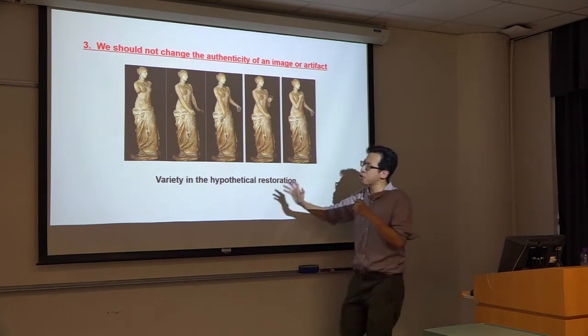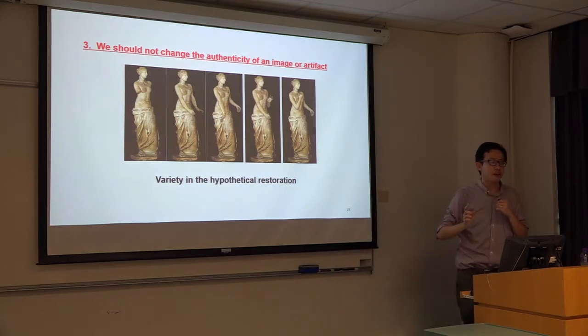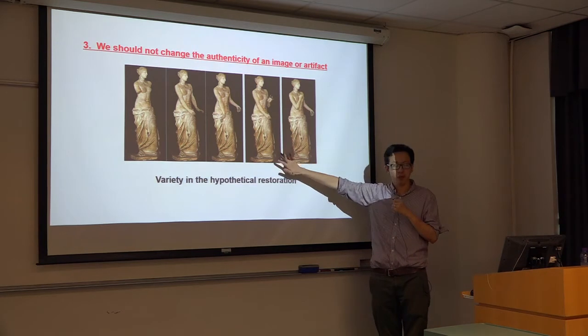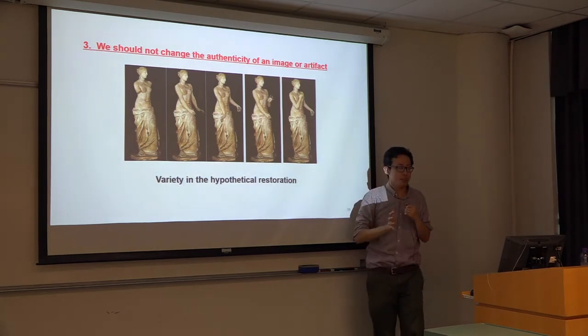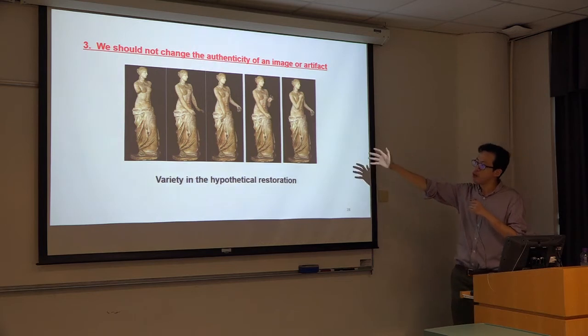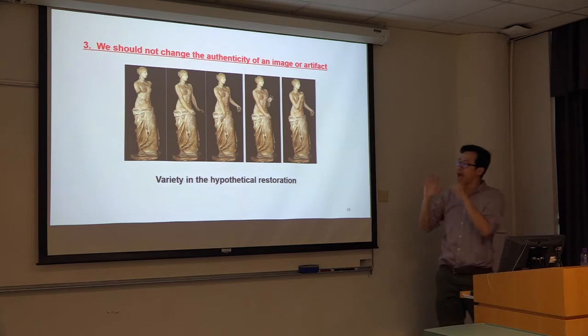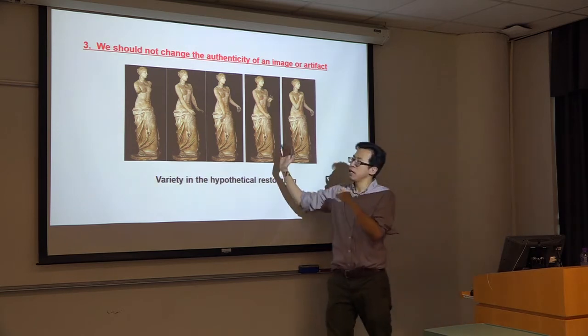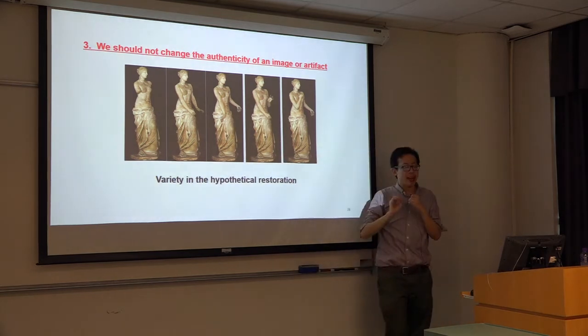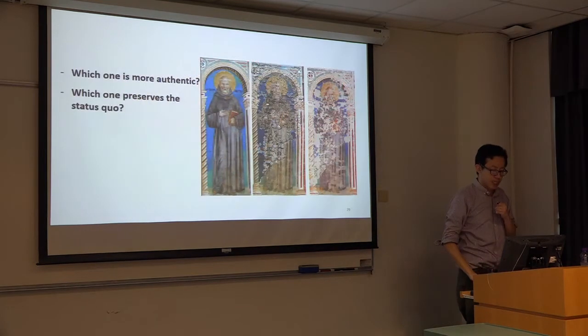When we try to do the conservation, we will deal with a lot of hypothetical restoration. We have so many different options. And under this condition, we also don't have any other information to help us make the judgment or evaluation, saying which one is more authentic. So in this case, what should we do?